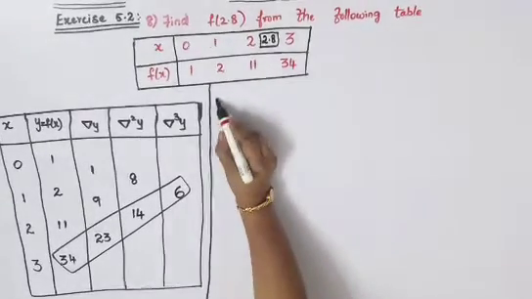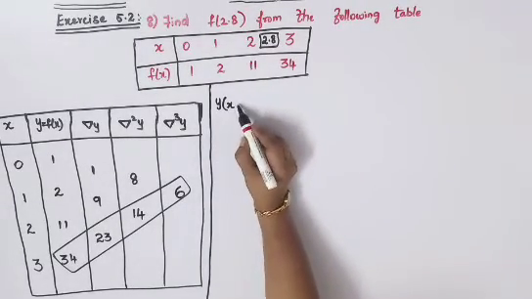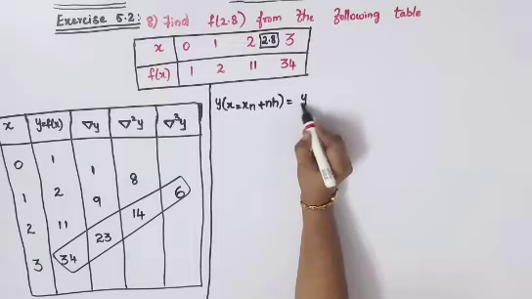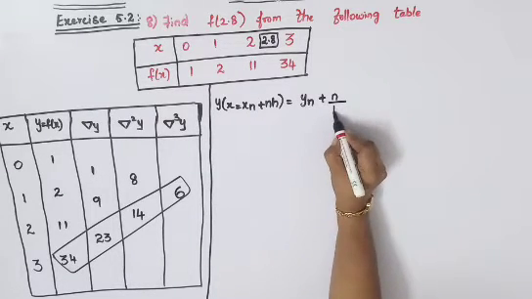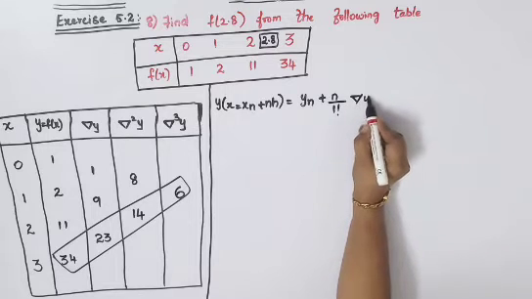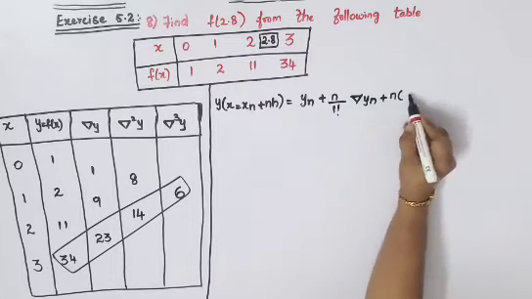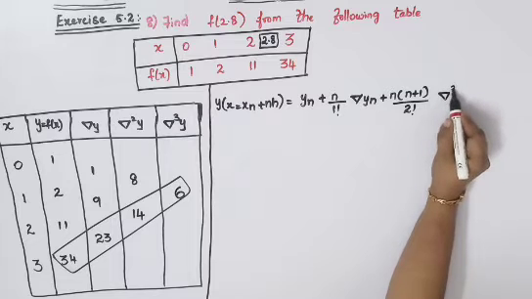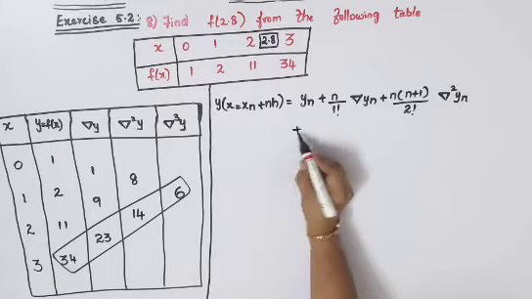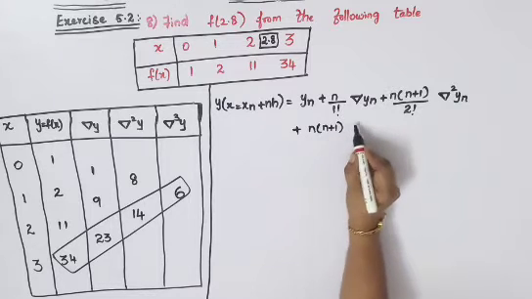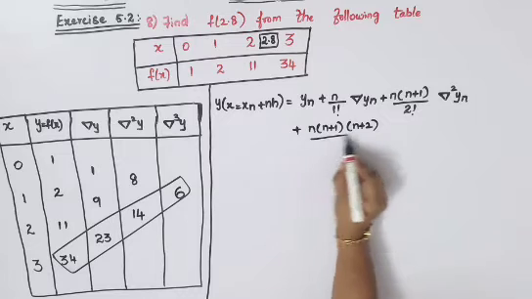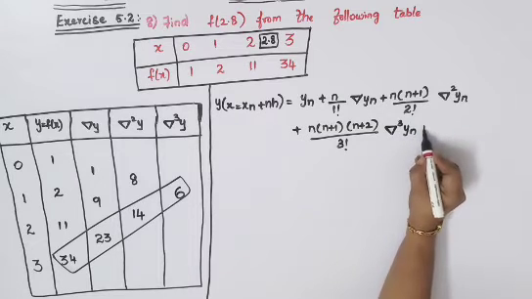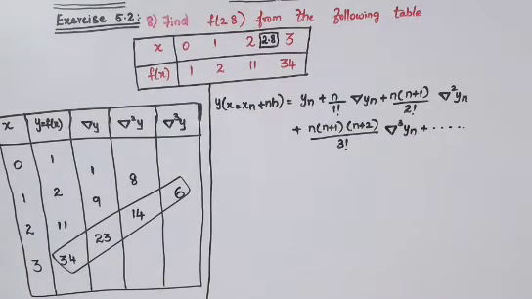Newton's backward formula is y of x is equal to xn plus nh, is equal to yn plus n divided by 1 factorial into nabla yn, plus n into n plus 1 divided by 2 factorial into nabla square yn, plus n into n plus 1 into n plus 2 divided by 3 factorial into nabla cube yn, plus etc. So you will have to substitute all the values now.